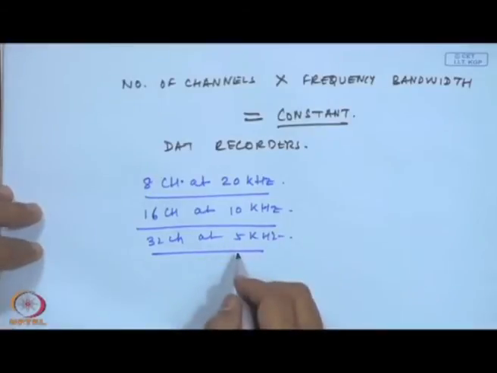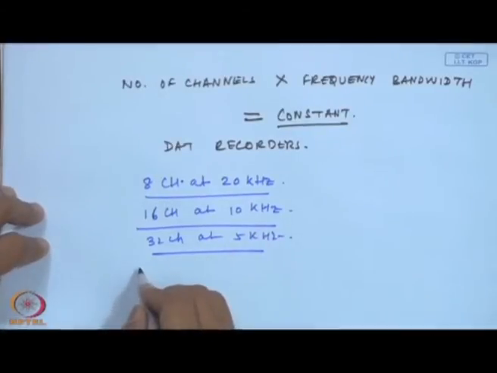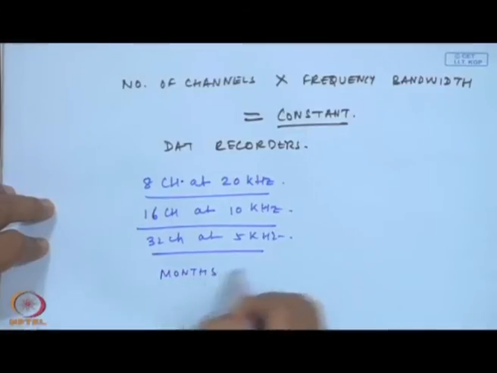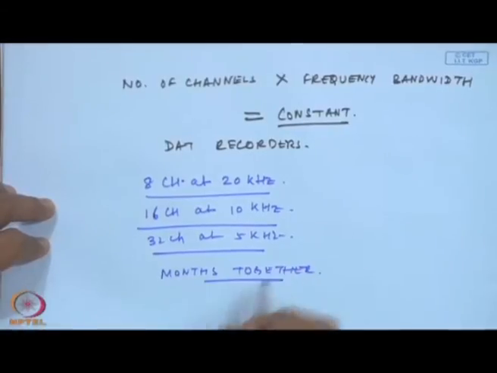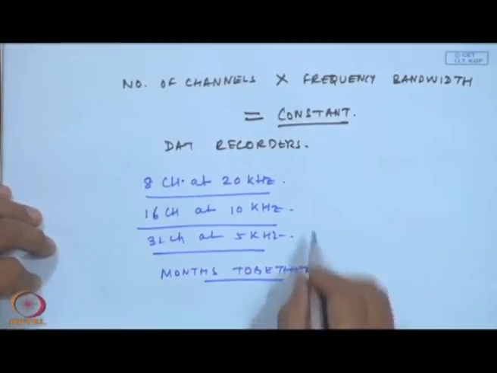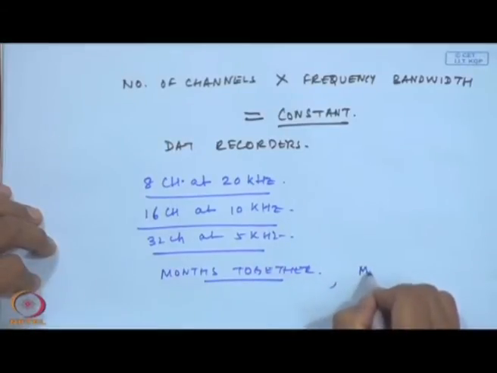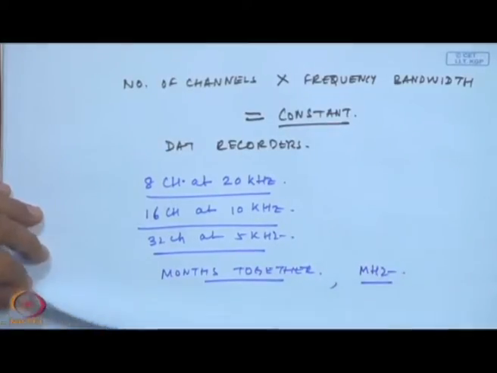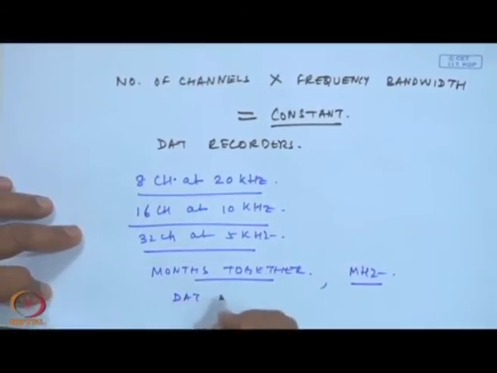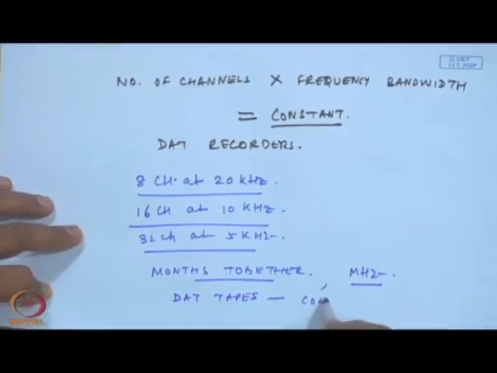But the limitations of such DAT recorders are, I obviously cannot record for months together, and I obviously cannot record at very high frequencies, maybe in megahertz. Okay. And then of course, again this has to be stored in DAT tapes, which could be contaminated.